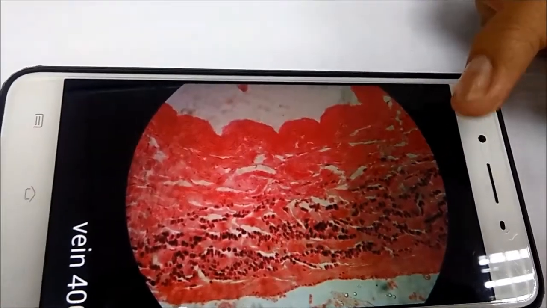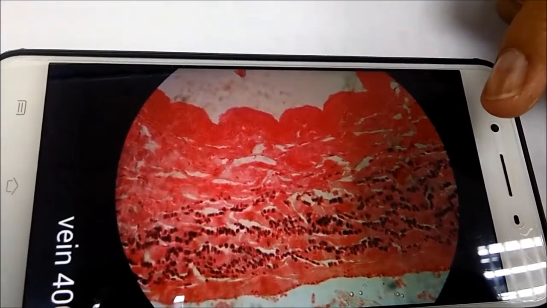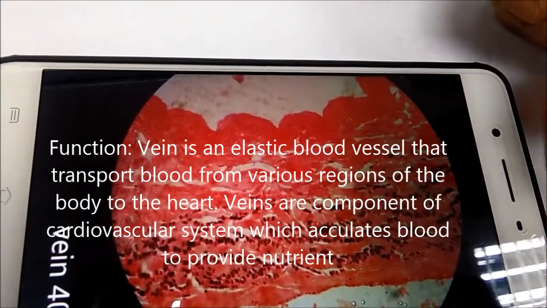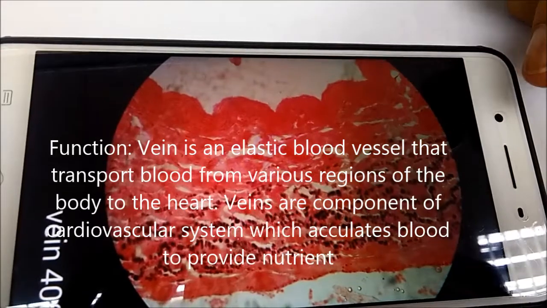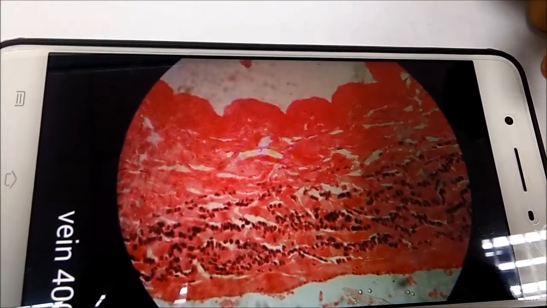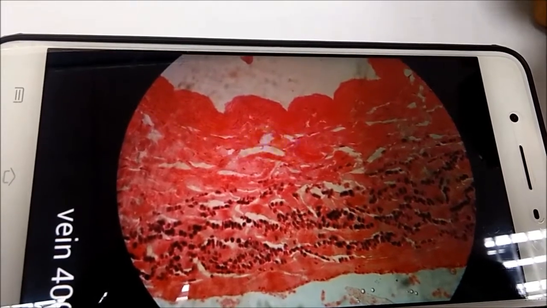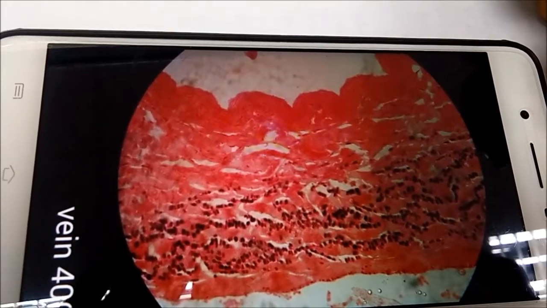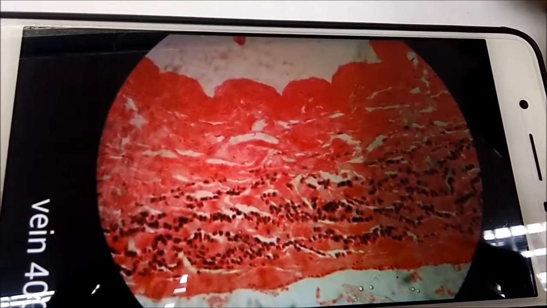The function of the vein is that it is basically an elastic blood vessel that transports blood from various regions of the body to the heart. So veins are a component of the cardiovascular system which circulates blood to provide nutrients to the cells of the body.